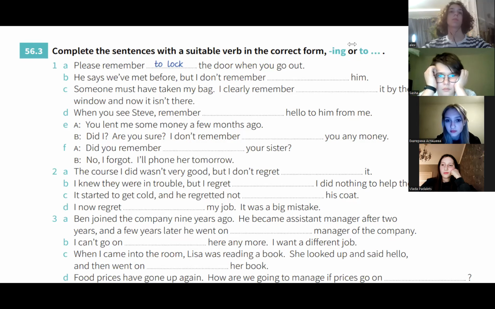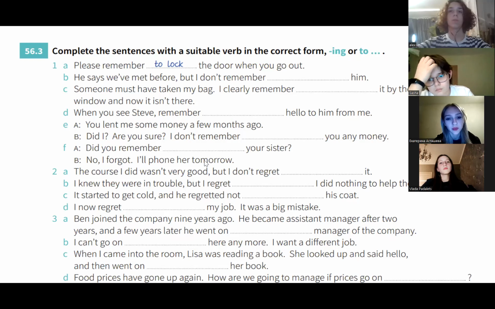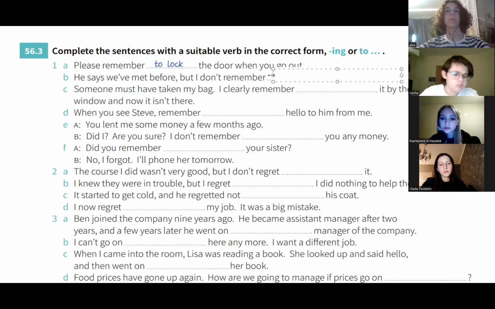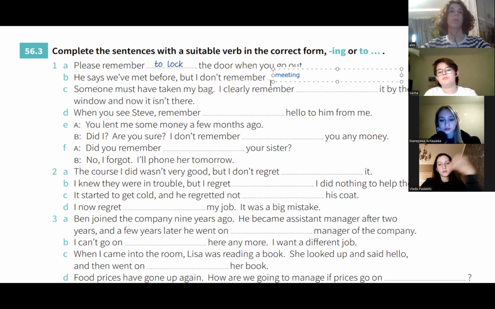It's going to be number 1B, and you suggest your answer for 1B. So again, he says we've met before, but I don't remember meeting him. I don't remember the process, meeting him. Good job. Meeting him. Well done, Katya.